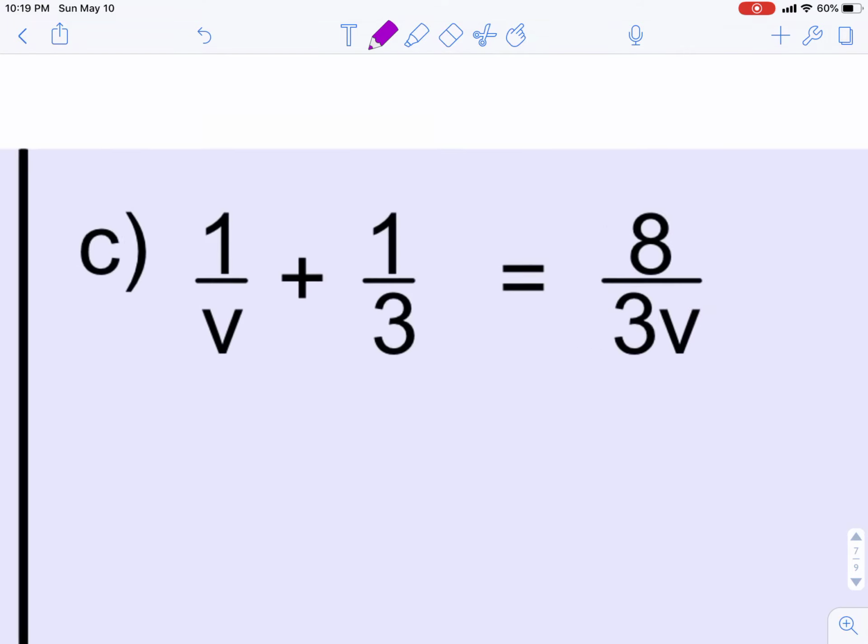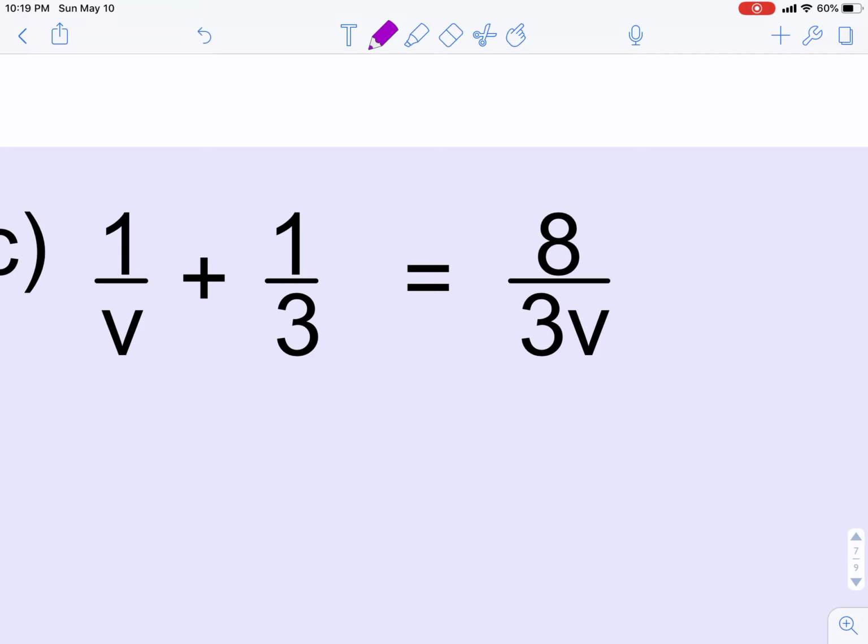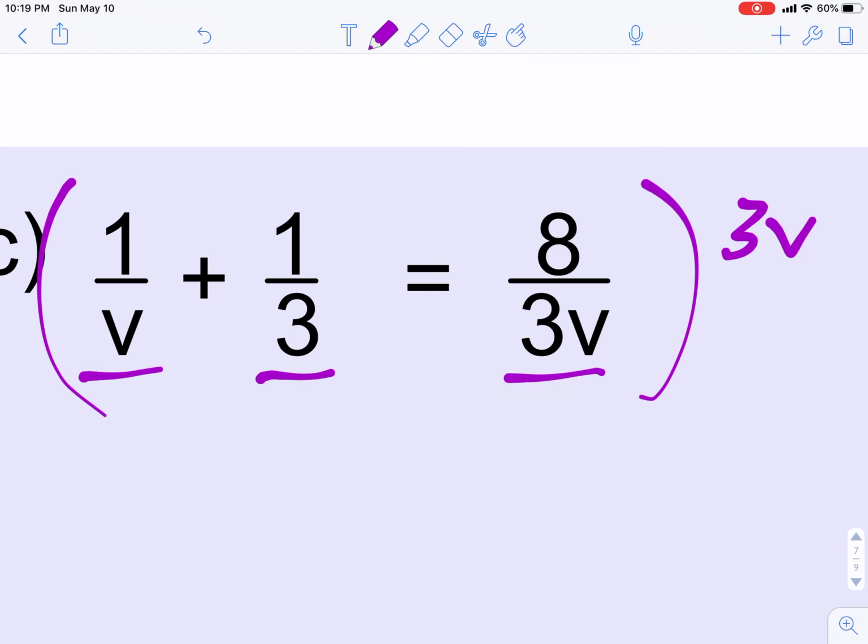Okay, all right, go to this one, multiple fractions. So we're going to try to find a common denominator of everything. V, 3, and that's 3 and V together. So if we multiply everything by 3V. Distribute here. The 3V's cancel out.